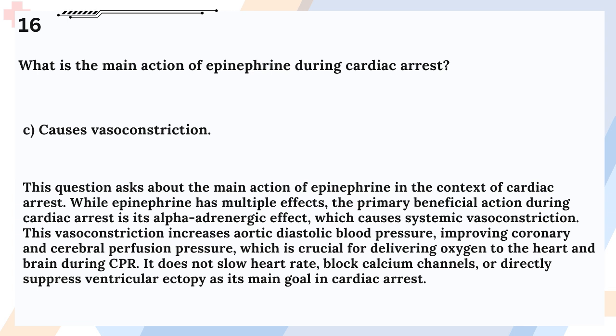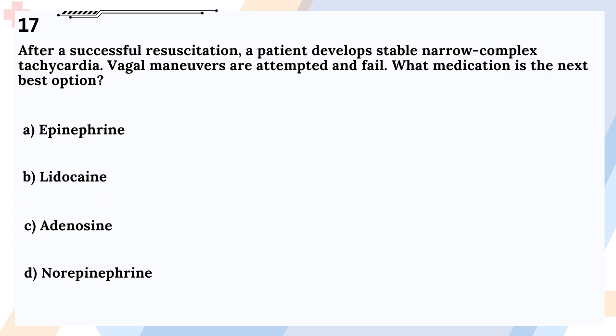This vasoconstriction increases aortic diastolic blood pressure, improving coronary and cerebral perfusion pressure, which is crucial for delivering oxygen to the heart and brain during CPR. It does not slow heart rate, block calcium channels, or directly suppress ventricular ectopy as its main goal in cardiac arrest.